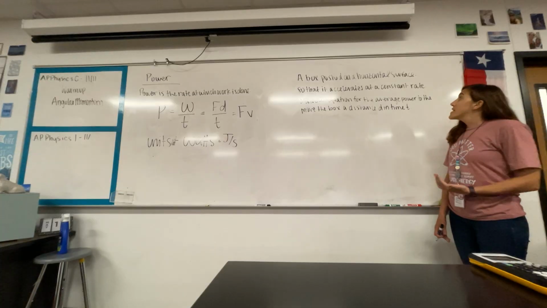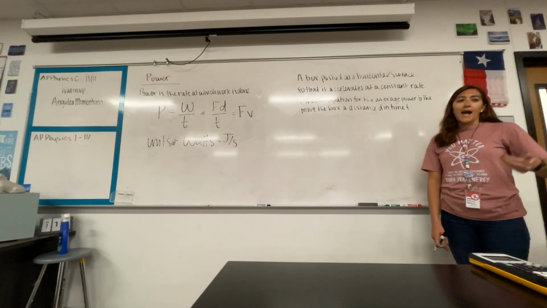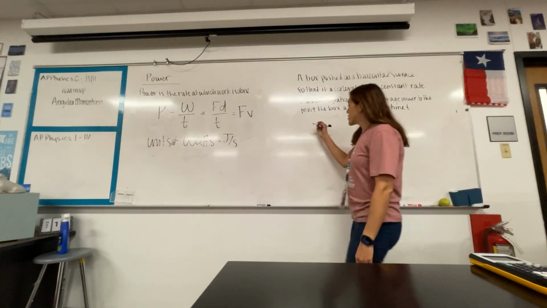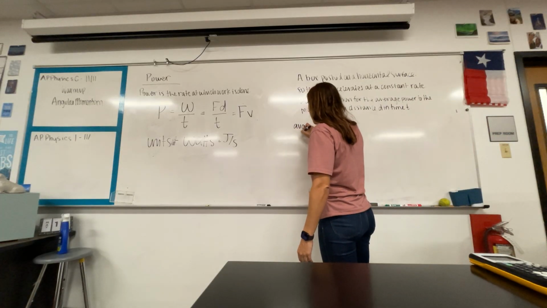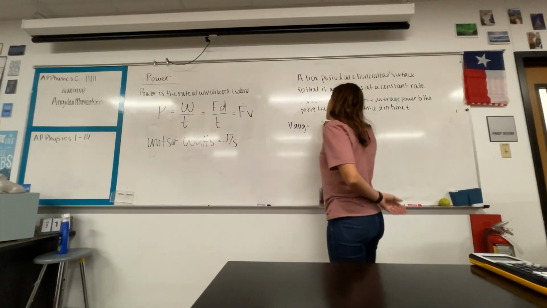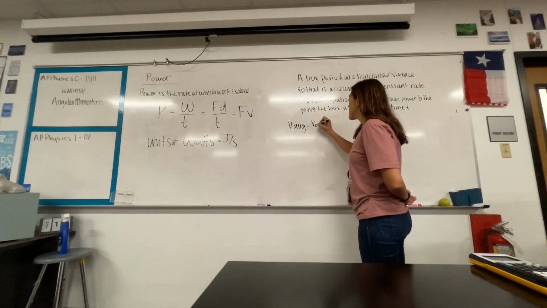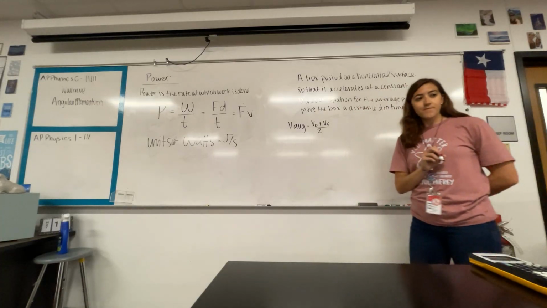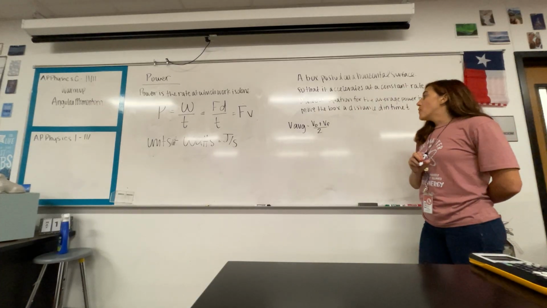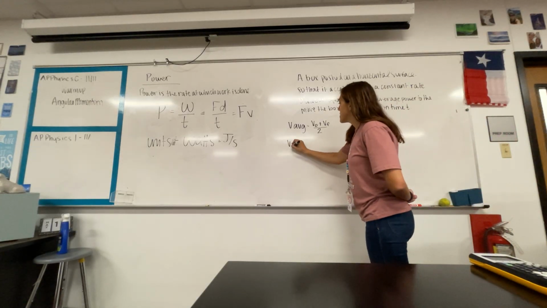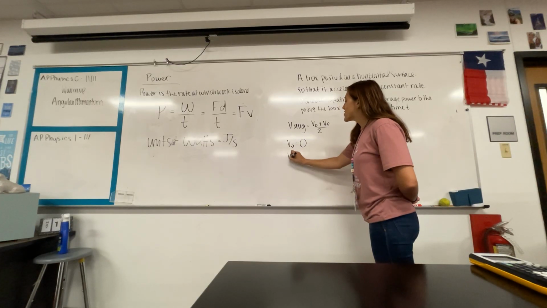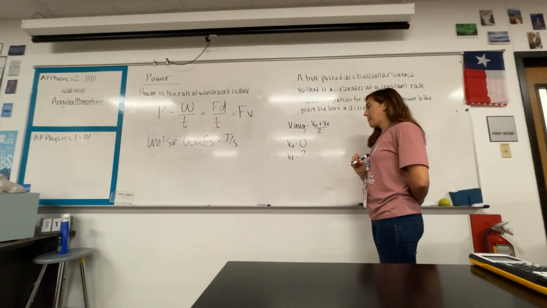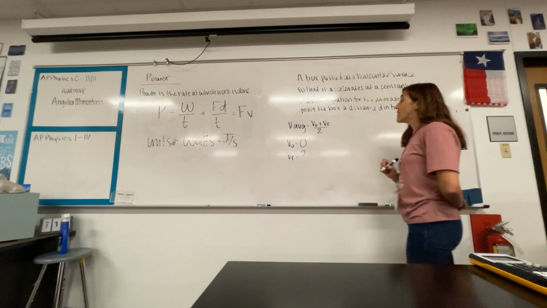So, things that I know, I'm accelerating at a constant rate. So my average velocity can be said to be equal to v naught plus v final divided by 2. Well, I know that v initial is 0, but I don't know what v final is.